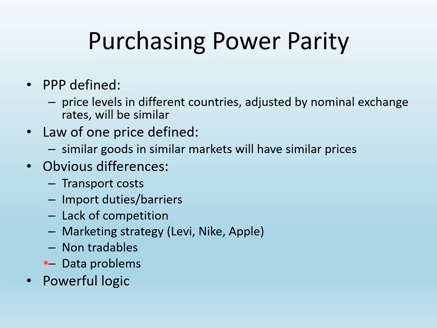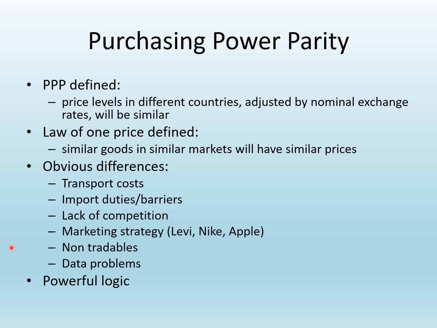But the notion of purchasing power parity has a very powerful logic. Come back to the hard drive that we started this conversation with. If a hard drive in London cost twice the amount that a hard drive cost in Rotterdam, what would you do? Well, the answer is very simple. You would buy up all the hard drives in Rotterdam, you'd put them into a container, you'd ship them to London.